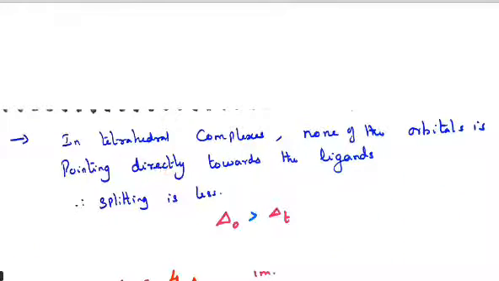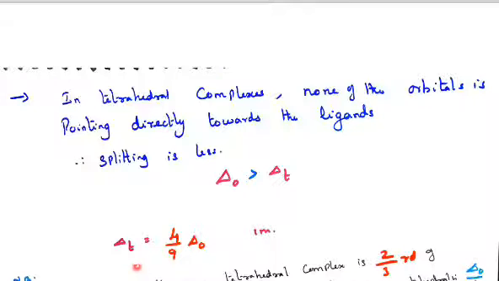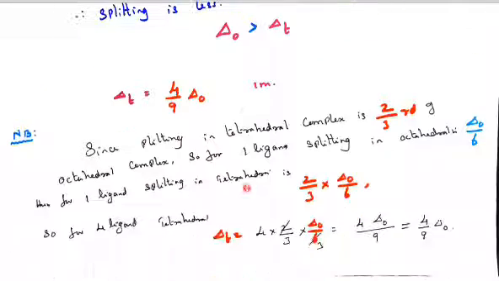In a tetrahedral complex, none of the orbitals point directly towards the ligand, so the splitting is much less than the octahedral splitting. So delta naught, the octahedral splitting, is greater than delta T, and the value is delta T equal to 4 by 9 delta naught. It carries 1 mark. What is the reason?